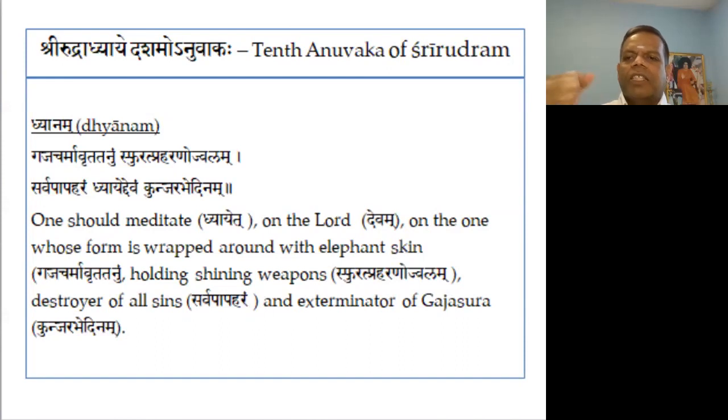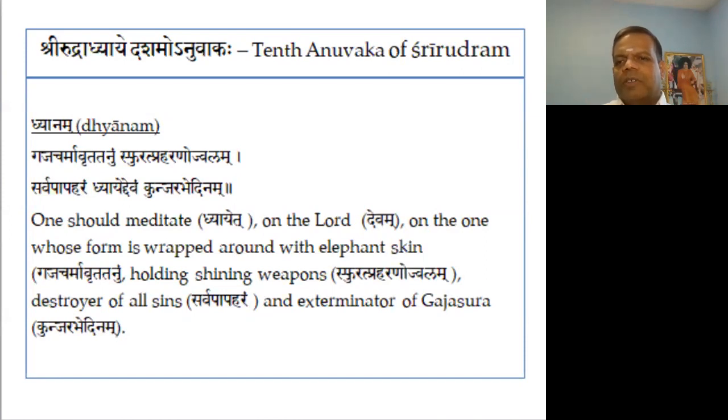You can ask, what are the shining weapons? The weapons which destroy all that is bad, Sarva Papa Haram. So we should become pure and cultivate divine qualities which will destroy all that is bad in us, so that we can worship the Lord. And then the skin which covers our body is covering actually God Himself.